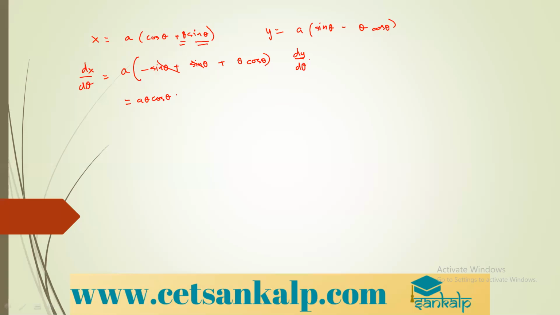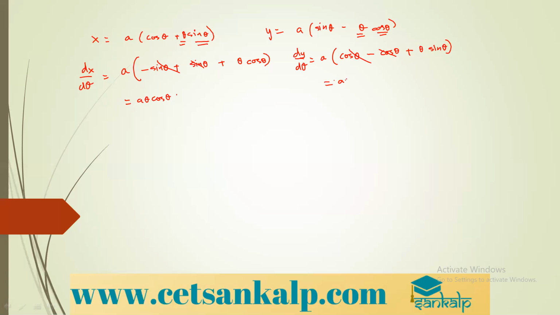Similarly, dy by d theta, a is a constant. Sin theta derivative is cos theta, minus theta's derivative is 1 into cos theta, and then theta will be the same. Actually, there is a minus here, because cos theta's derivative is minus sin theta, so we have minus sin theta.